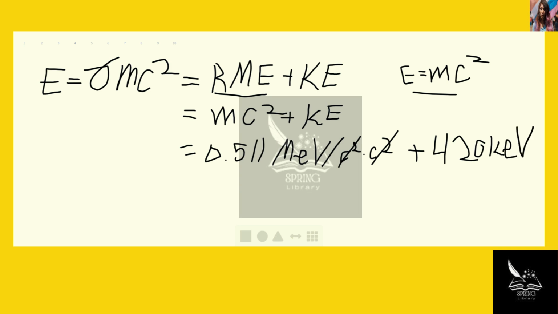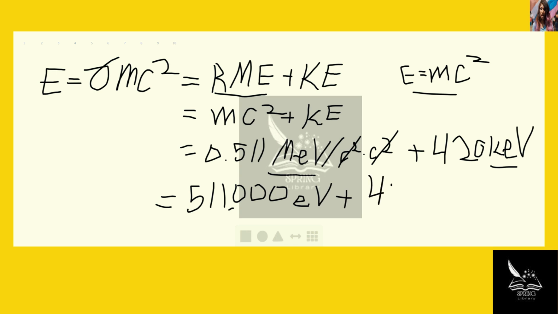Electron volts, that's 10 to the 3; MeV, that's 10 to the 6 electron volts. So we're going to have 10 to the 6, three zeros, so 511,000 electron volts plus 420 times 1,000, because it's keV.